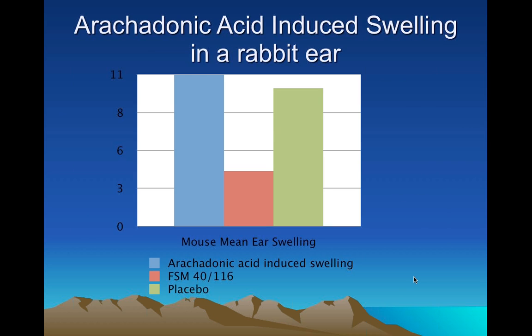But the question may be, what evidence is there that this really works? This is a study done in a rabbit ear, where you can see the blue column here. Arachidonic acid was applied to a rabbit ear. Arachidonic acid is a powerful acid which causes swelling or edema. Then microcurrent was used to treat the inflammation.